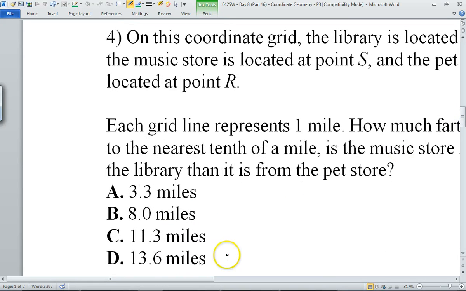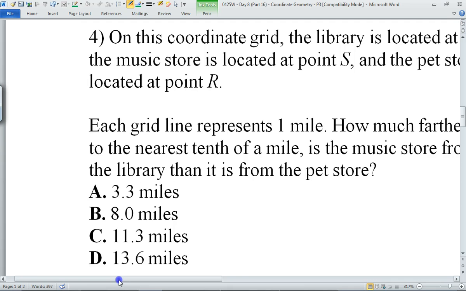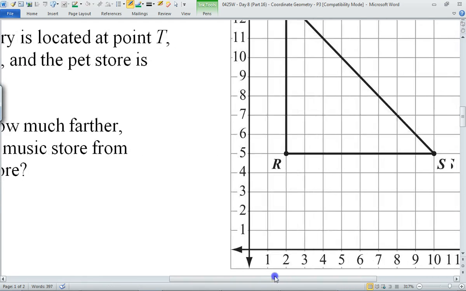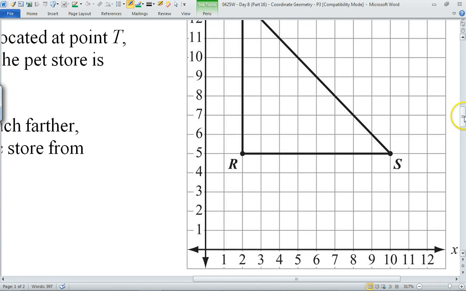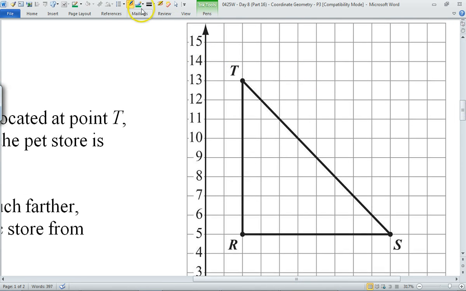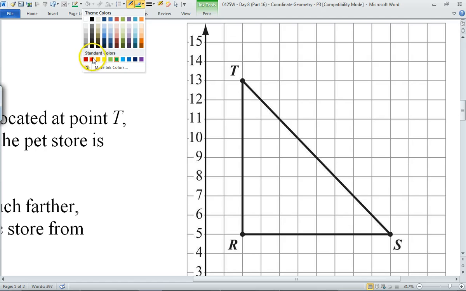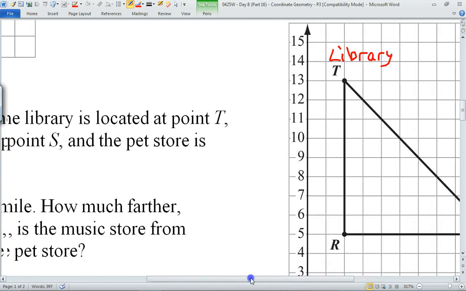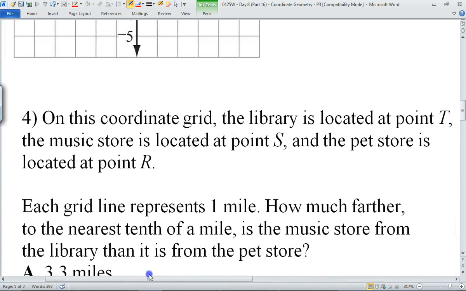Look at number 4. On this coordinate grid, the library is located at point T. Let's label this off as we go. Point T is the library. So go to point T and write library. Okay, what else we got?